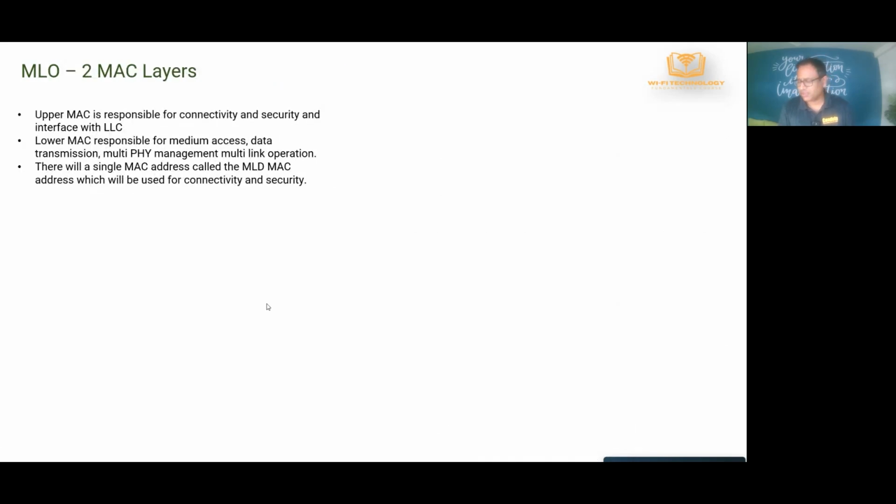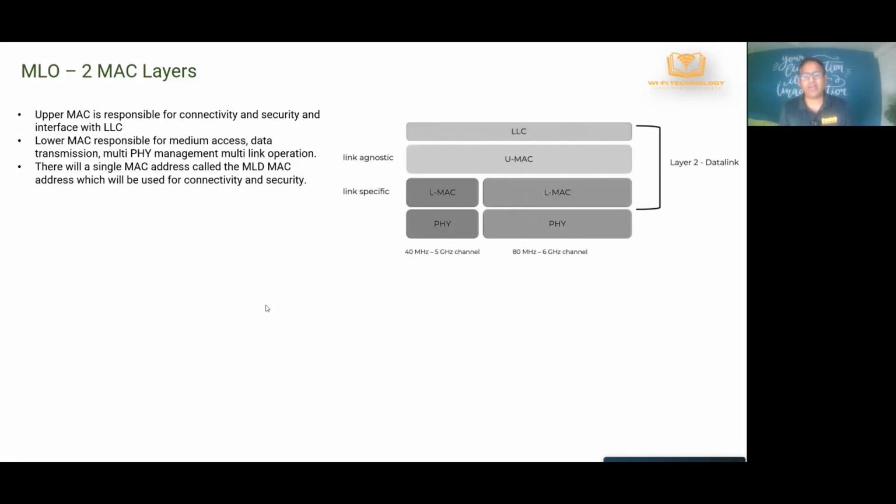So to implement MLO, there is a fundamental change in how the MAC layer works. Now we have this concept of two MAC layers, what we refer to as the lower MAC and upper MAC. Remember the example I gave, the hands of the professor acting as the lower MAC, and the head acting as the upper MAC, right? So the upper MAC is the common layer across the multiple lower MACs, and each physical radio will have one lower MAC implementation across the bands.